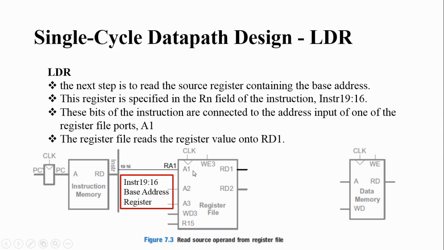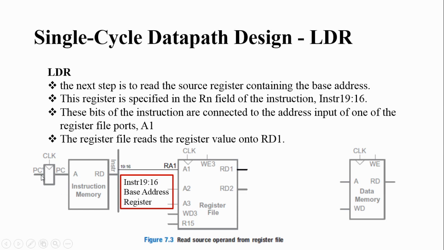Here, if I am using R1 as the base address register, you will get these bits as 0001. By giving 0001 to A1, you are selecting R1. Then what is stored in that R1? The base address. So the base address stored in R1 will be available on RD1. That is how it is happening.